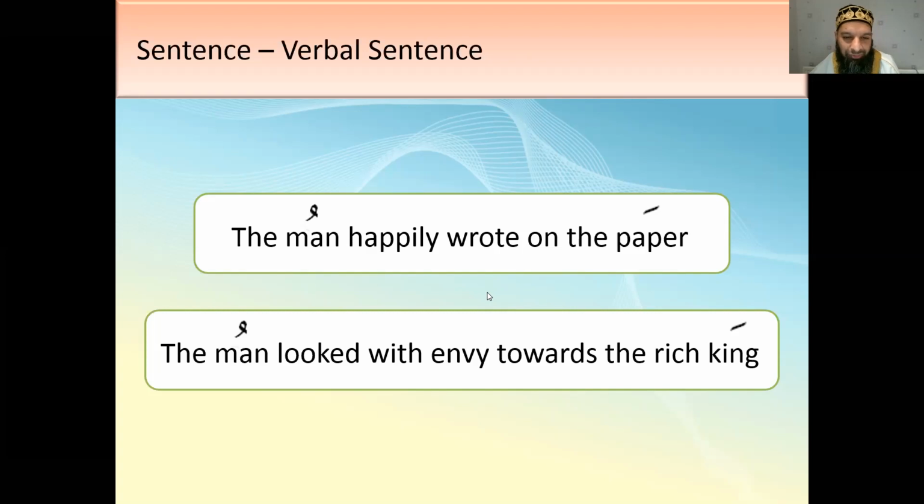The man looked with envy. The man wrote. Sorry, I was looking at the wrong one. So kataba means to write. So kataba rajulu. The man wrote ala al-waraqati. It's waraqati for another reason, because there's a harf jar coming in front of it. That might confuse you even more, so don't worry about it. Okay, Jazakallah.